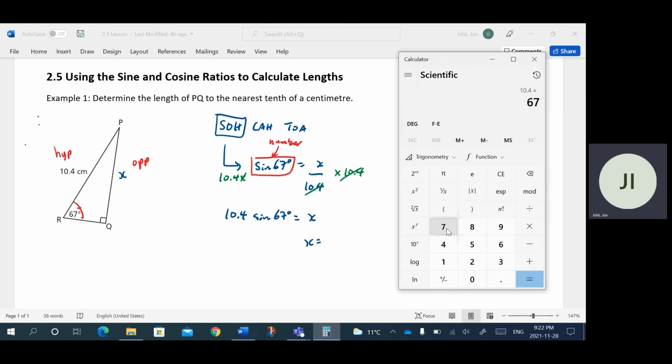For this calculator, I have to punch in the angle first, the 67, and the sine of 67 degrees is 0.92. So to get this value, I press equals, and as it turns out, it's 9.573. Rounded to the nearest tenth of a centimeter, 9.6 centimeters would be the answer.